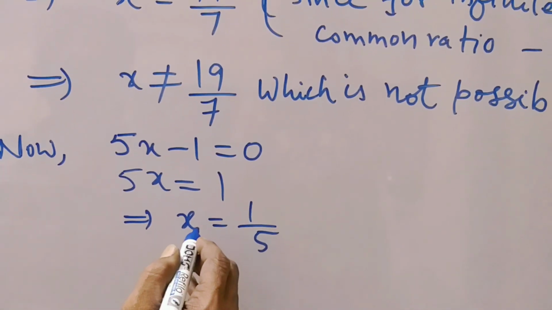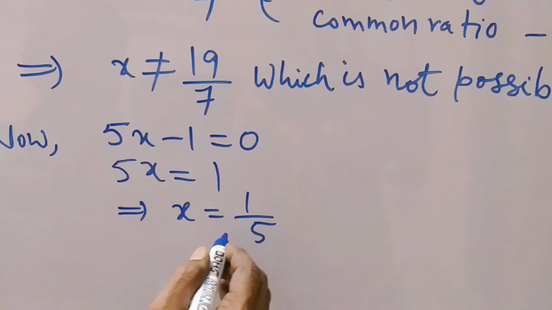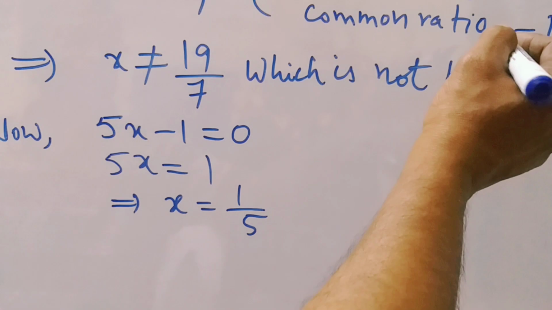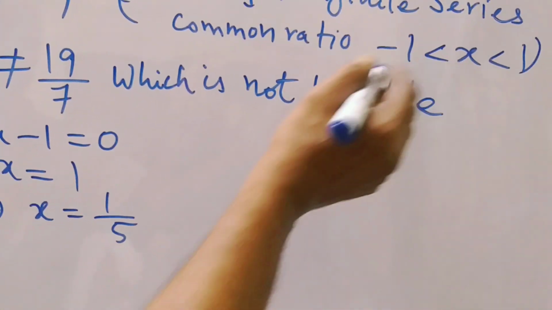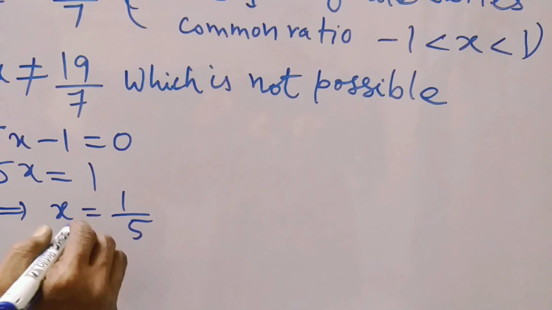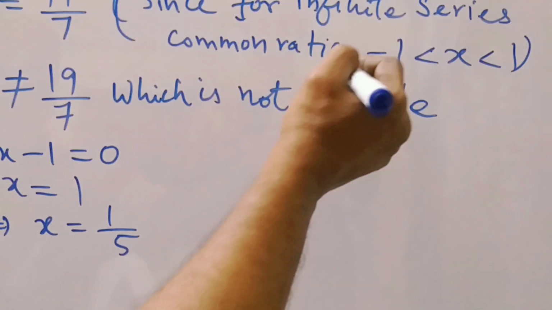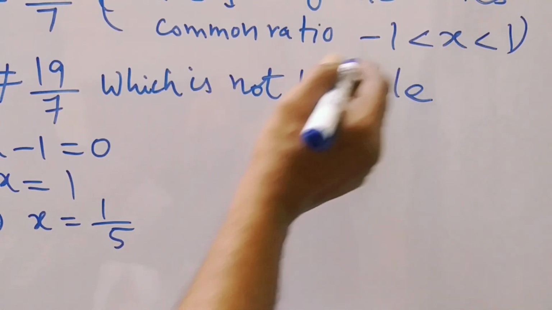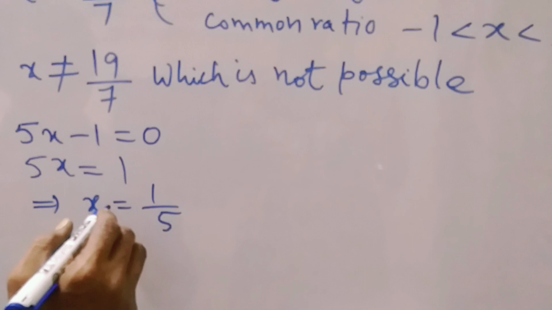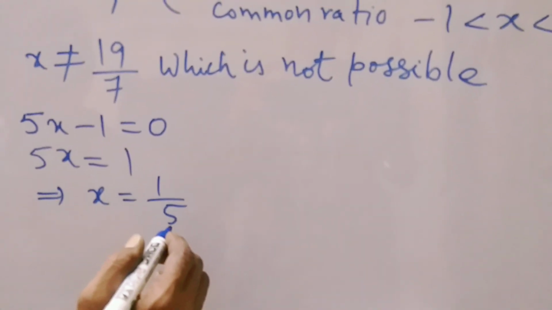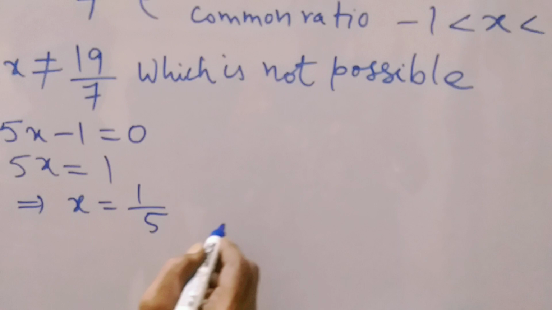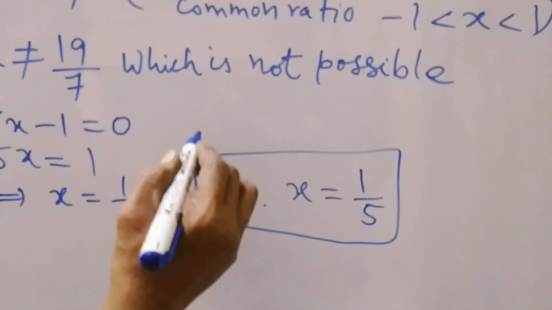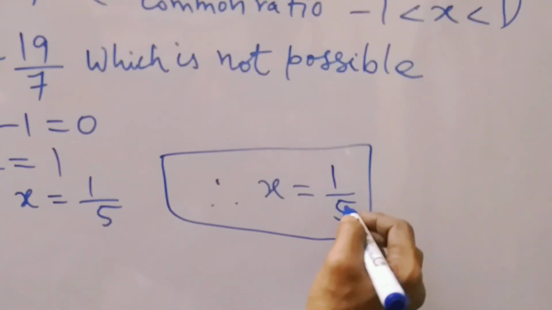The value of this x lies between minus 1 and plus 1, so minus 1 is less than x is less than 1. So x is equal to 1 by 5 is possible. This is the required answer. Therefore x is equal to 1 by 5. This is the value of x.